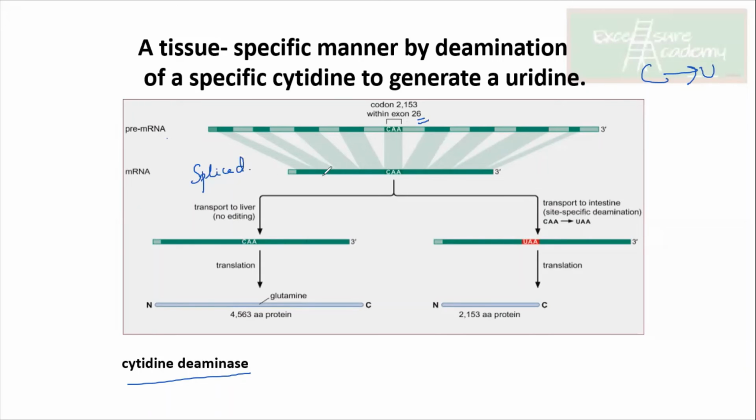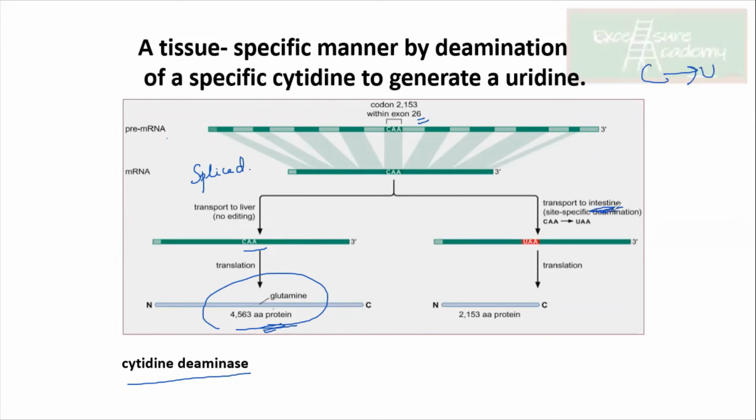Now, if this is expressed in the liver, there is no editing. This particular mRNA is going to get translated to a protein having 4563 amino acids. It means CAA, which codes for glutamine. Now let us say that this particular mRNA was transcribed in the intestine.